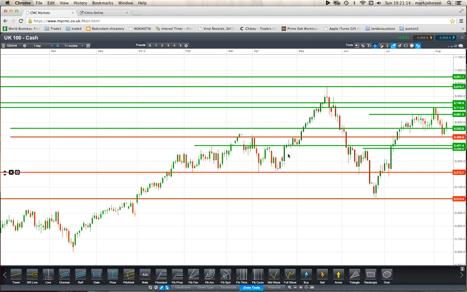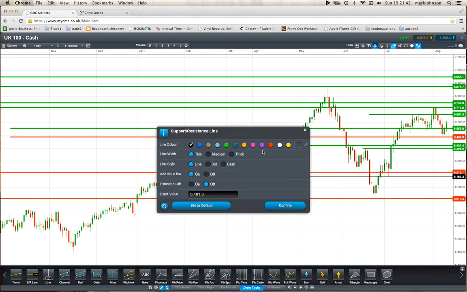But that is because these met resistance here, here, and here, whereas this was supported here. And it just gives me an idea of whether it was stopped on the way up or the way down, whether the battle was won by the bears or by the bulls. So let's just put another small one in there.